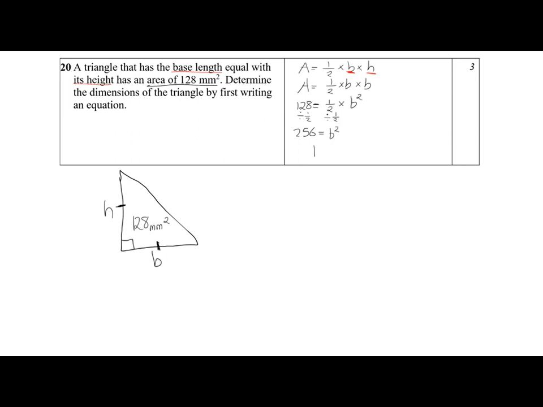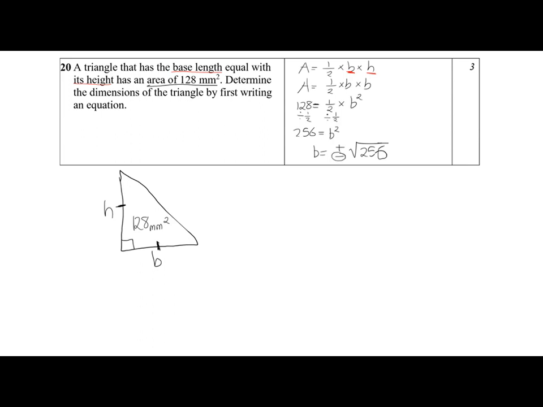So usually when I solve these quadratics, I would say that b is equal to the positive or negative of the square root of 256. What I remember though at this point is that I'm finding a length. A length is not going to be negative.